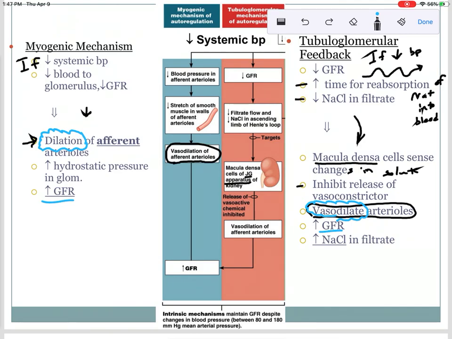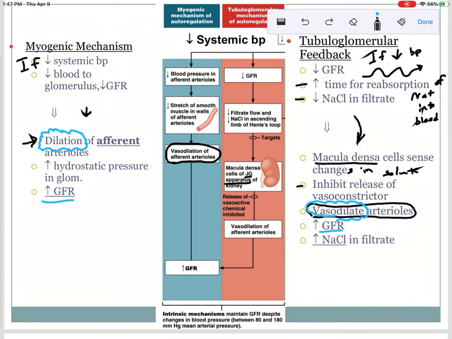But the trigger for what causes that to happen are two different things. And this is an example of how we can have two means of autoregulation that end up doing the same thing, but it just gives us more means of doing it. This way, we're not relying only on one.